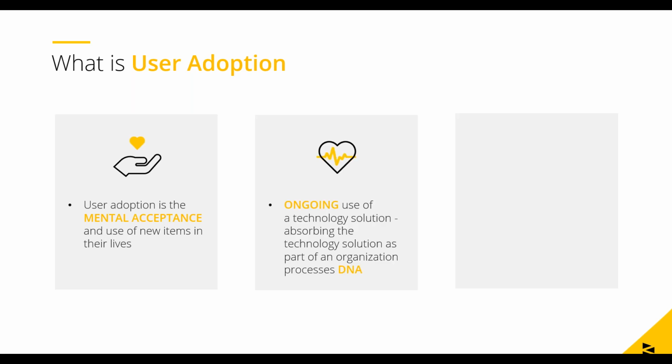The second definition talks about an ongoing process or ongoing capability. It means that it never stops. There are always changes. Our organization is constantly changing. There are new requirements all the time, and we need to adjust ourselves and make sure adoption is an ongoing process and not a one-time thing.